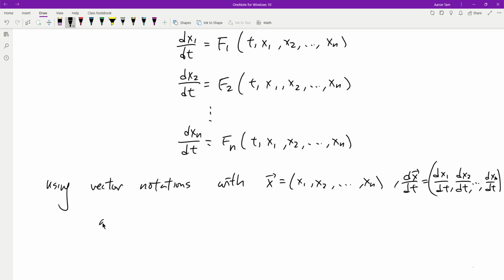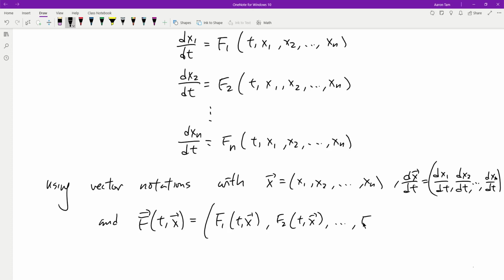And finally, vector f of t, vector x would just be equal to (f1 of t, vector x, f2 of t, vector x, dot dot dot to fn of t, vector x).